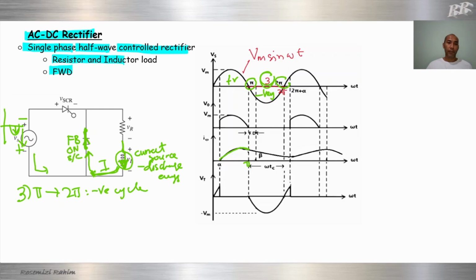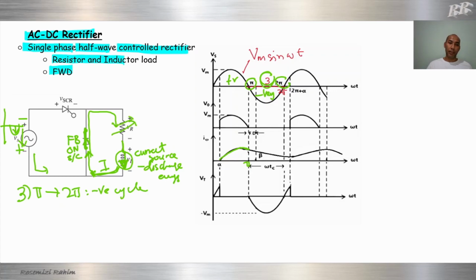Forward bias, short circuit. So the current will flow to here and go around here. At VR, the energy will be dissipated.